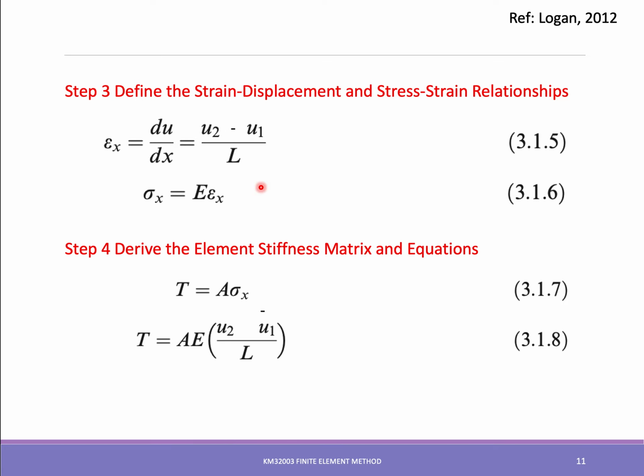What is different is that when we derive further, for the spring we just use the relationship of force equals kx, a very straightforward relationship. But for a bar, we need to apply some strength of materials or engineering materials knowledge, where Hooke's law is applied, the relationship between the stress and the strain.